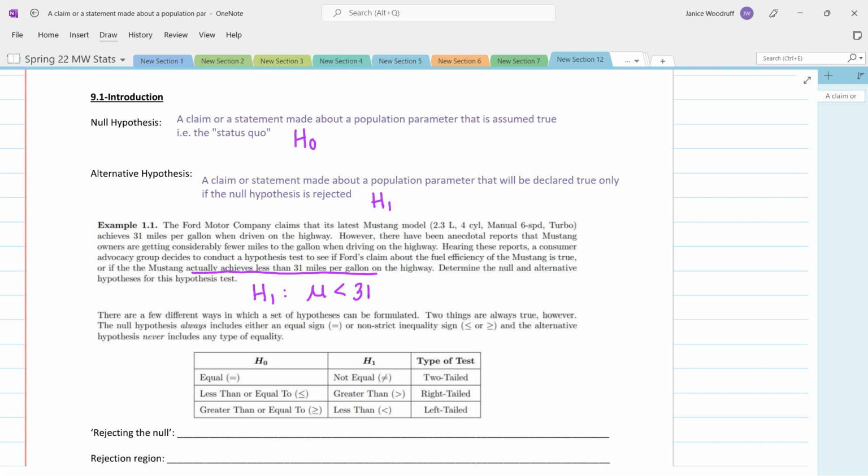So you start with the alternative, and then the null hypothesis is what Ford Motor Company is saying about this Mustang. Is it true? That's the null. So the null hypothesis then is the opposite of the alternative. So that's going to be that the mean is 31 miles per gallon or greater.